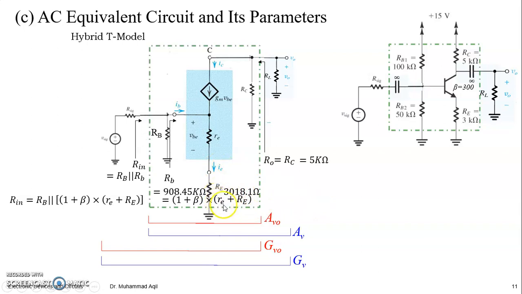So RE was 18 ohm, right? We found in the last slide. RE is 3 kilo ohm. So the total emitter resistance would be 3018.1 ohm, right? And when we multiply this with 1 plus beta, 301, we get almost 908.5 kilo ohm R input at the base. So it's much higher than this RB, which is 33.3k, right?